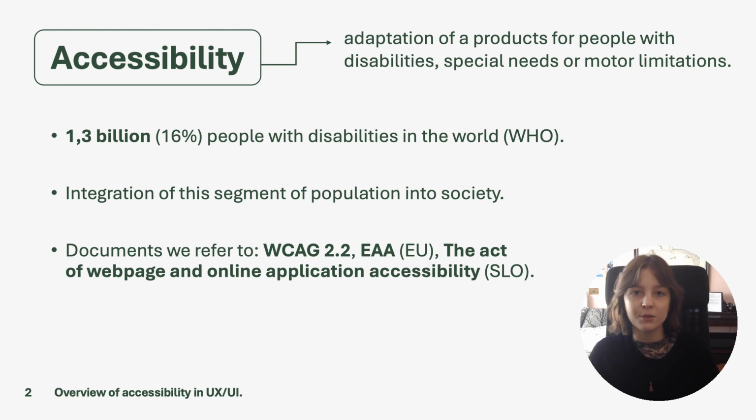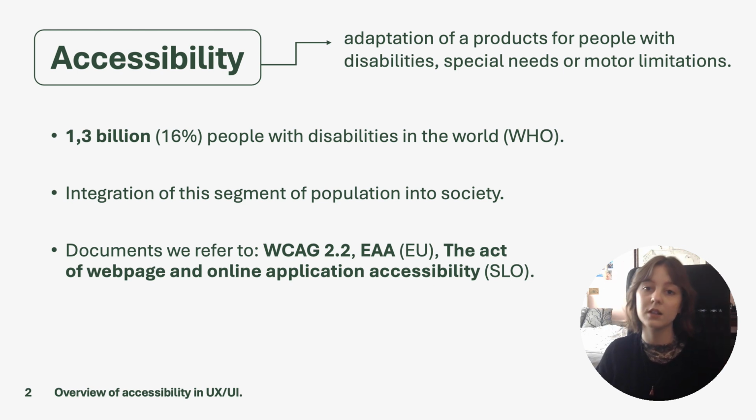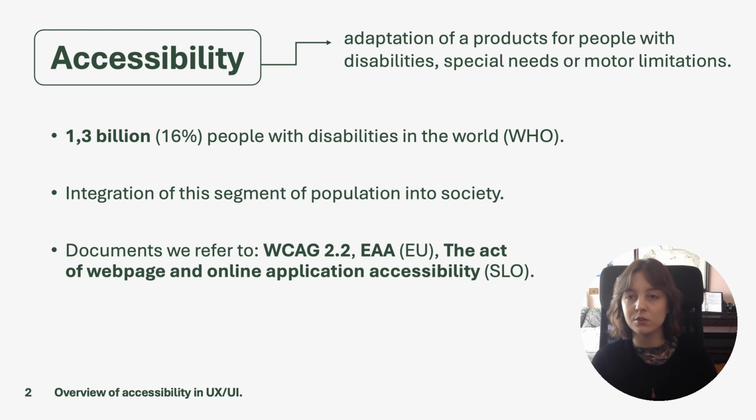Now, let's start with a few words about accessibility. So, the World Health Organization estimates that there are 1.3 billion people with disabilities in the world, which represents 16% of the whole world population.